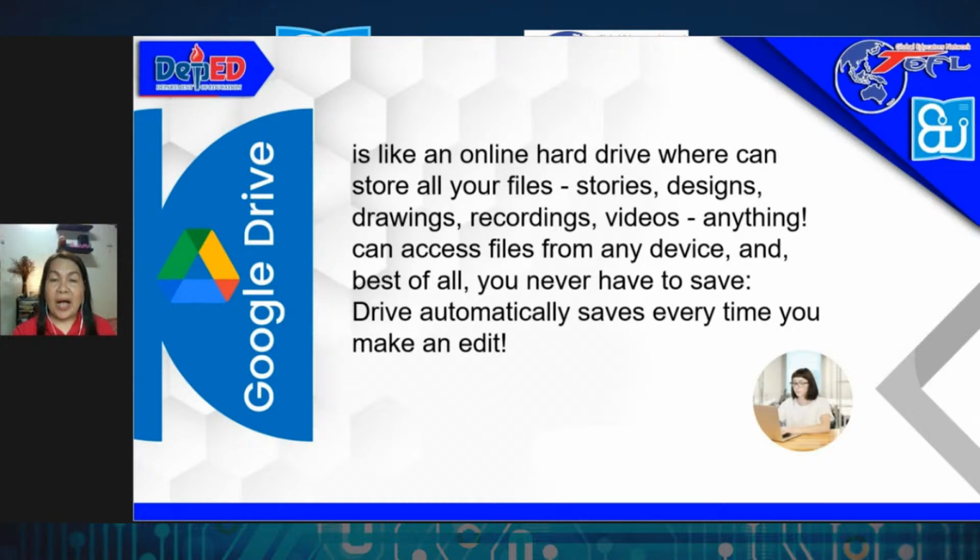Drive automatically saves every time you make an edit. As an advantage of Google Drive, you can synchronize files across any device you have. Moreover, it comes with backup files, sharing, opening and editing various types of documents, including Gmail integration, and much more.